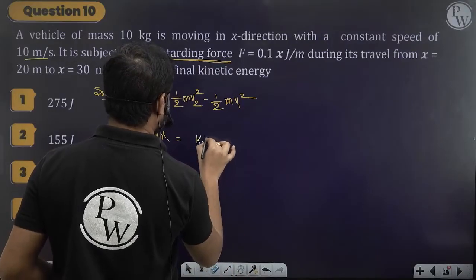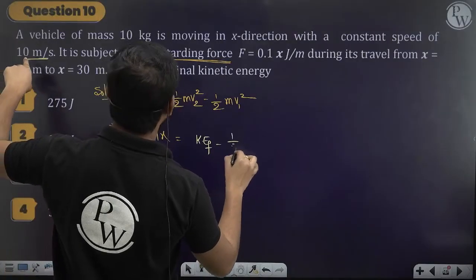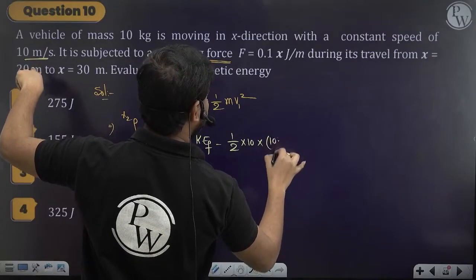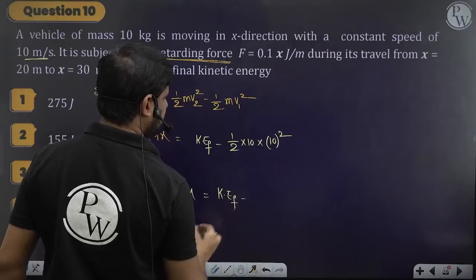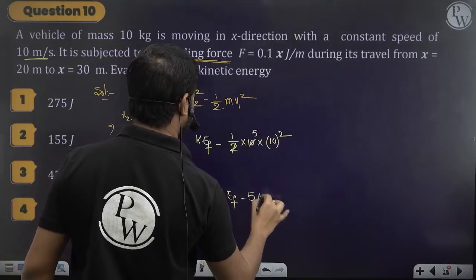What is the initial kinetic energy? Half into mass 10 into the initial velocity 10 squared, right? So KEf, the final kinetic energy, minus 5 times 100, which is 500, right?